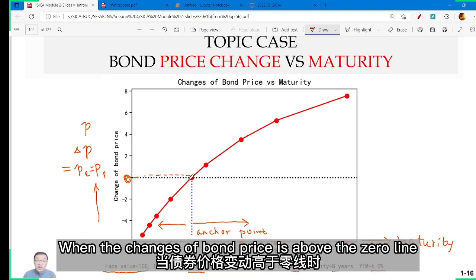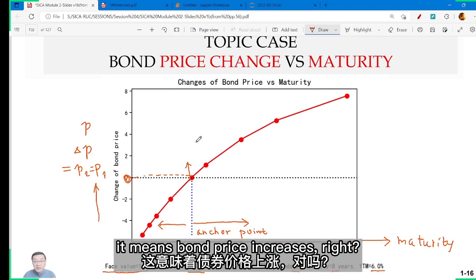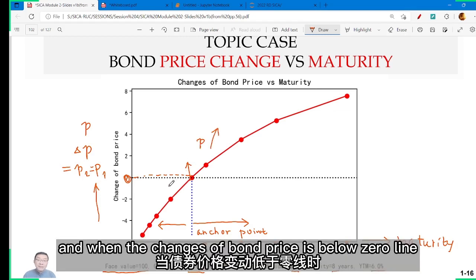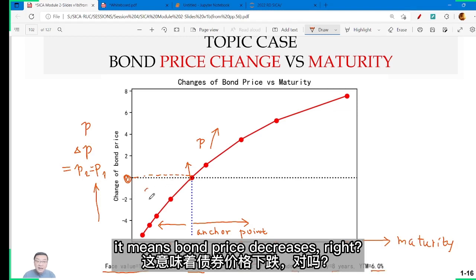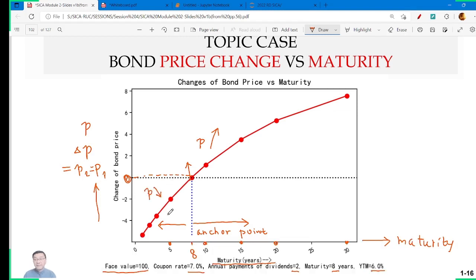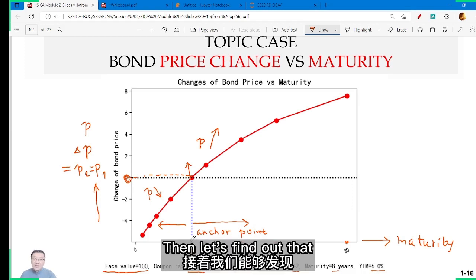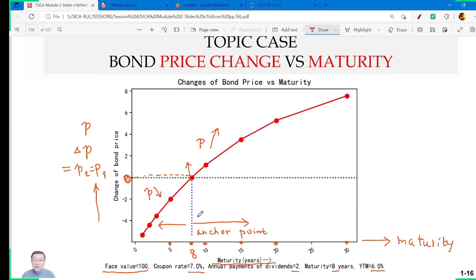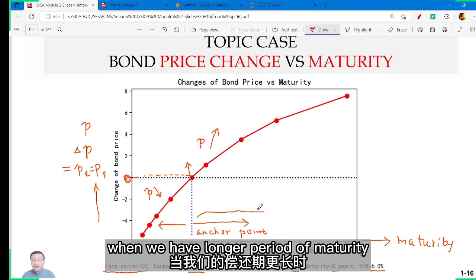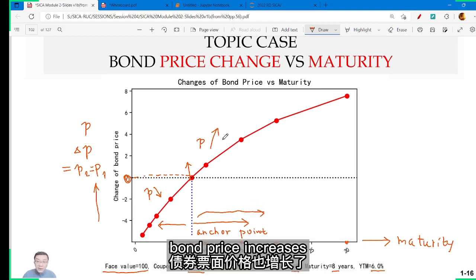When the change of bond price is above the 0 line, it means bond price increases, right? And when the change of bond price is below the 0 line, it means bond price decreases, right? Okay. Then let's find out that when we have a longer period of maturity, bond price increases.